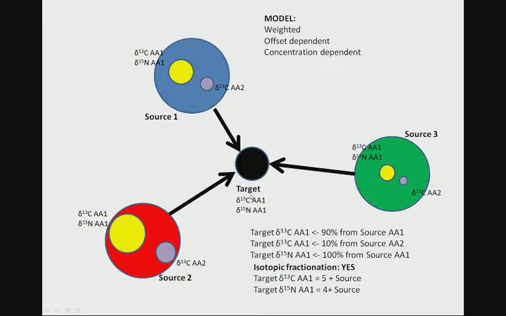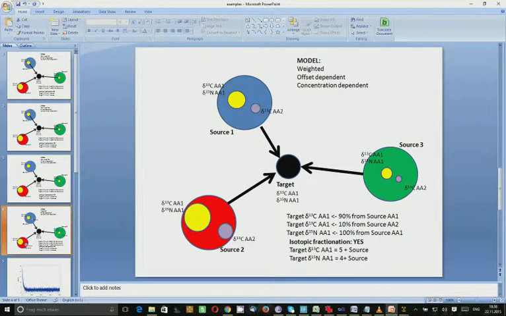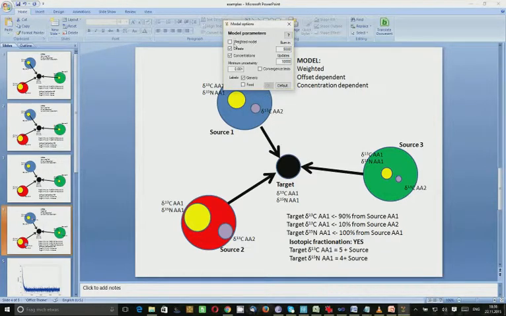Let's say, for the sake of argument, that 90% of the signal was still determined from amino acid 1, but 10% was from this second amino acid. And this is for your carbon signal. And let's imagine, and this could happen, that your nitrogen signal was still 100% determined from your amino acid 1. In this case, it would become a weighted model. And the way to define this in Fruits is by selecting this option here.